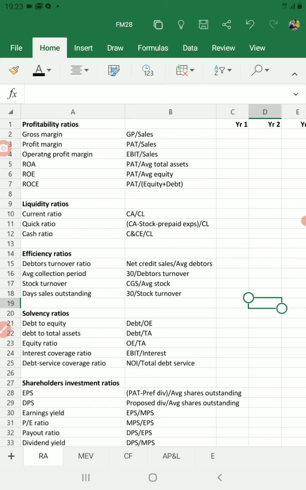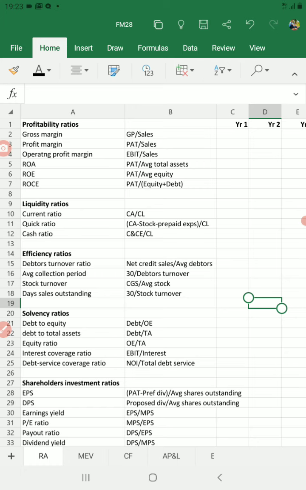And there are two categories of ratio analysis in profitability: margin analysis and return analysis.